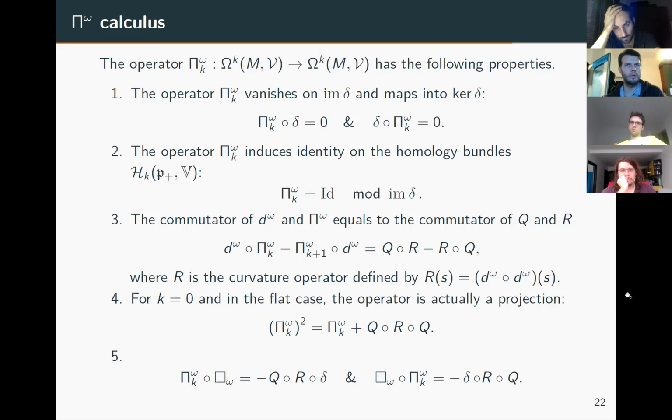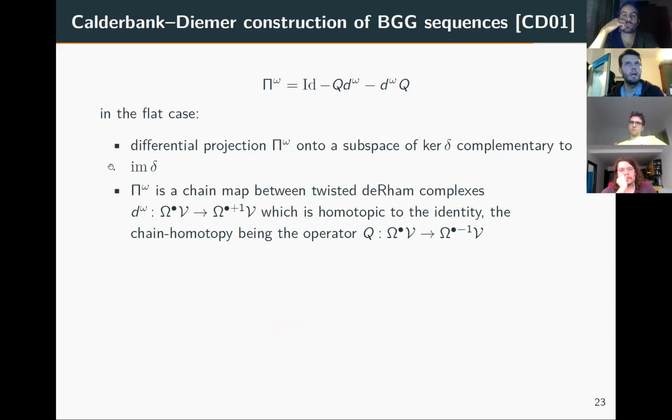So you can figure out a lot of formulas, but what it basically says is that you have a chain map. It's a bit weird to phrase it, right? Because the twisted de Rham sequence is not, in general, a complex, but when it is, this defines a chain map which is homotopic to identity. This is what it says, right?